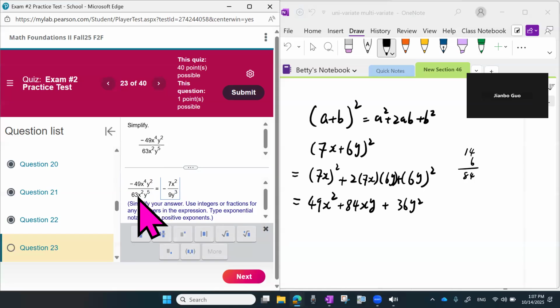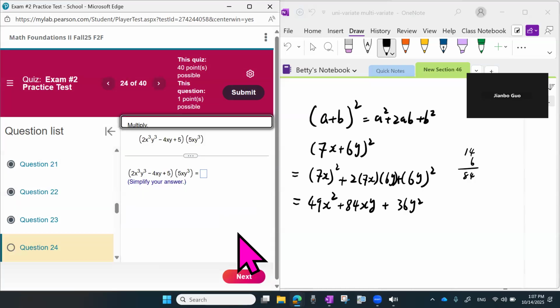We will have no x in the bottom. We'll have two x's times together in the numerator, so x squared. We have y times y in the numerator. We have y times y times y times y times y in the bottom. So cancel two y's. No y in the numerator. Denominator, we have 3 y's multiplied together, so it's y cubed, right? So that is question number 23.